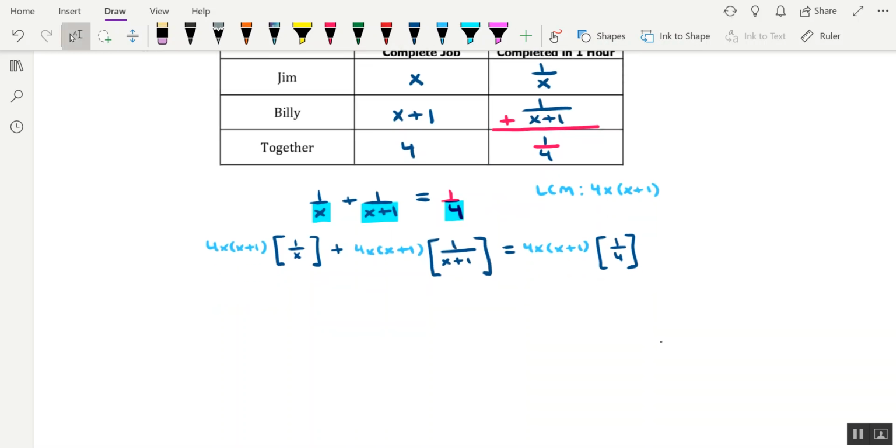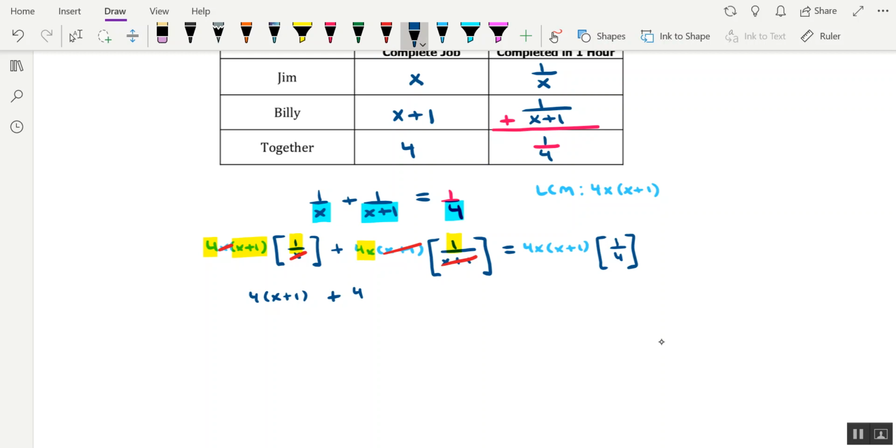Alright, now things are going to simplify. For instance, with the first cluster, going from left to right, the x's cancel, and you're going to be left over with 4 and x plus 1 getting multiplied to 1. Let's write that as 4 quantity x plus 1, plus, looking at the second cluster, the x plus 1 part of the LCM cancels out this denominator, and you'll be left over with 4x times 1.